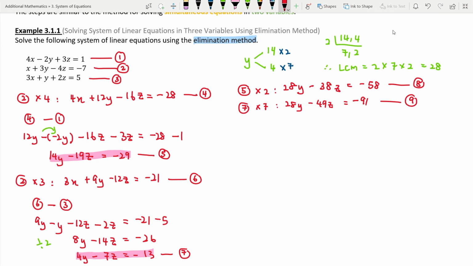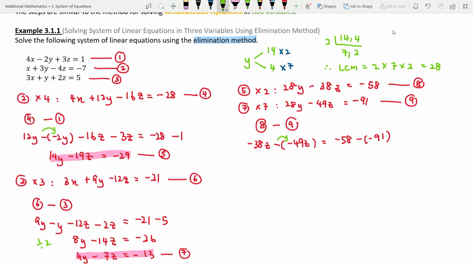We eliminate the variable y by subtracting both equations. Equation 8 minus equation 9. 28y minus 28y is gone. Negative 38z minus negative 49z is equal to negative 58 minus negative 91.